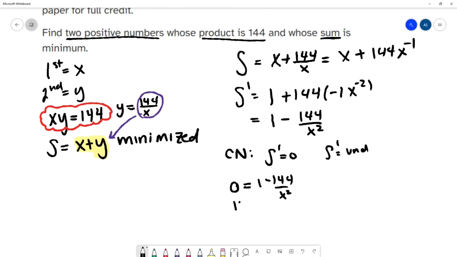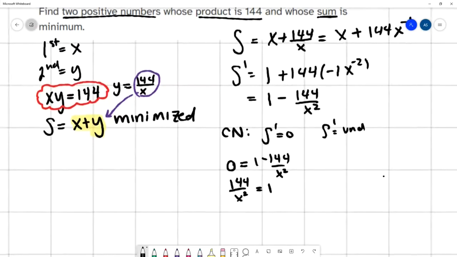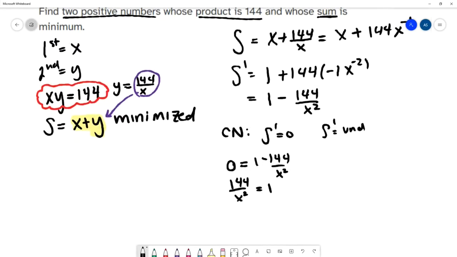I'm going to add the 144 over x squared to the other side. And that gives me 144 over x squared equals 1. I can multiply both sides by x squared to get the equation 144 equals x squared.